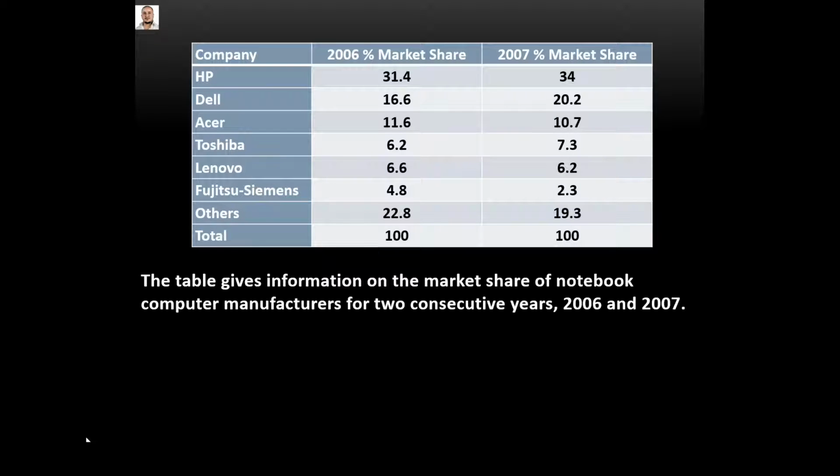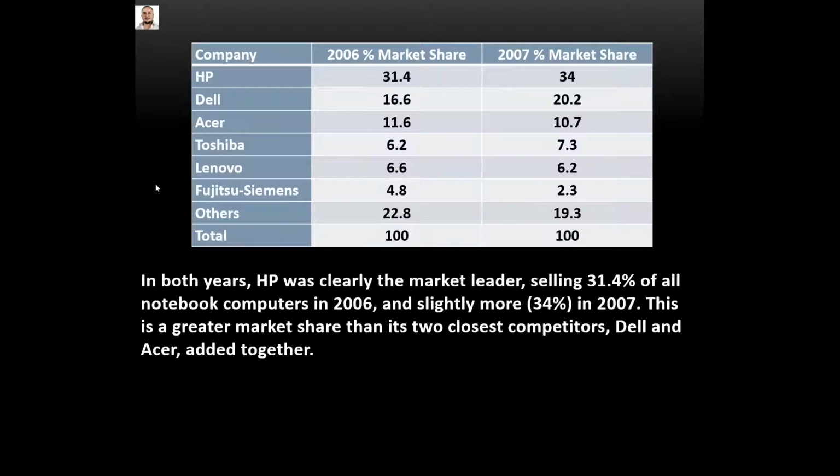After the introduction, in both years, HP was clearly the market leader, selling 31.4% of all notebook computers in 2006, and slightly more. Words like slightly, like a huge gap, they make the difference when they estimate your marks.